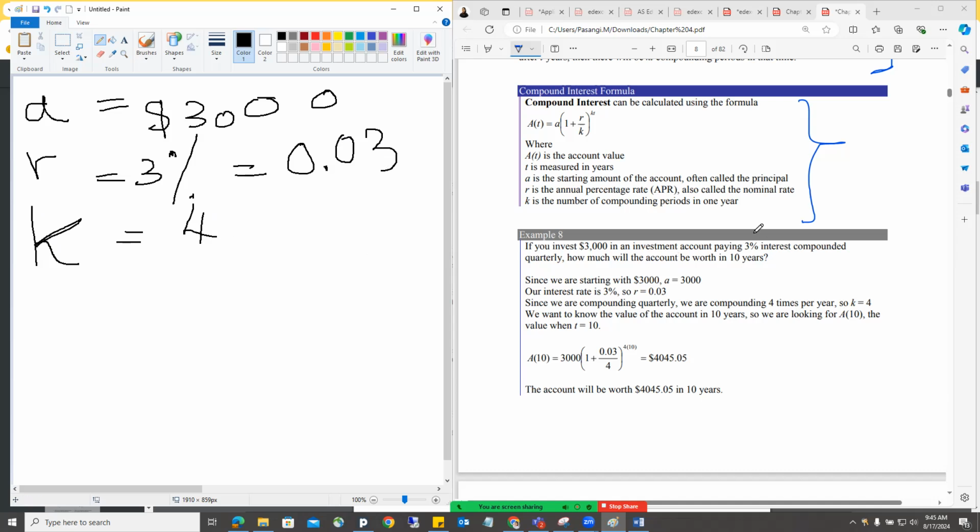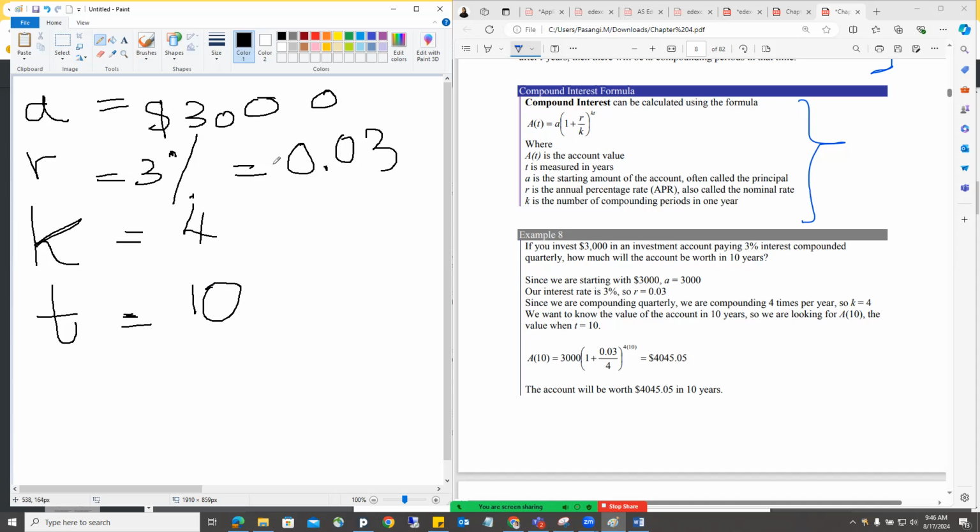Now, what is the question? 3% interest compounded quarterly. How much will the account be worth in 10 years? Now, T is what? 10. Yes, they ask us to calculate the total amount available in our account after 10 years.